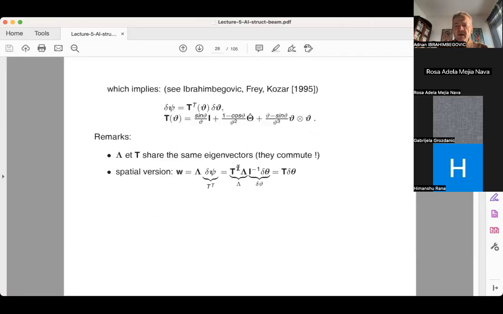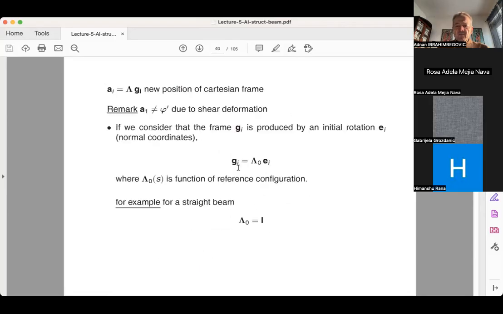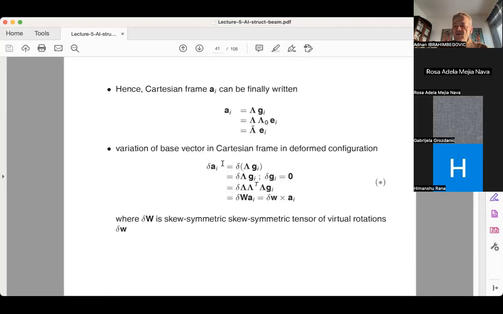So this way I can obtain for the beam, going back to the expression you just said, that basically the variation of the unit vector AI, which we're going to do eventually, will be the variation of lambda times GI. Now, variation of GI doesn't exist because this is once and for all the unit base that you put in the initial configuration. So the initial configuration is unique. The unit base sitting at a certain point is also unique. So there's no variation on that. So delta GI is equal to 0.